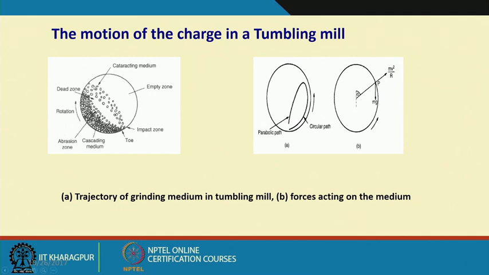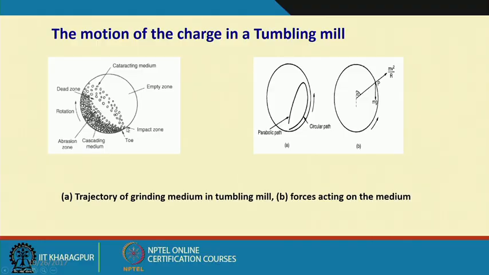So, that is called the counteracting medium. That means the bigger particle is hitting the smaller particle, and the particle also gets broken because of the impact at this zone.